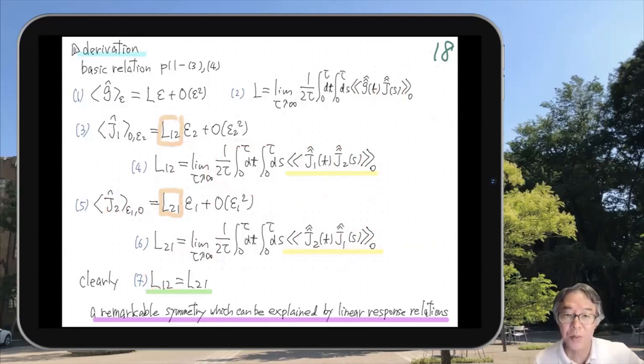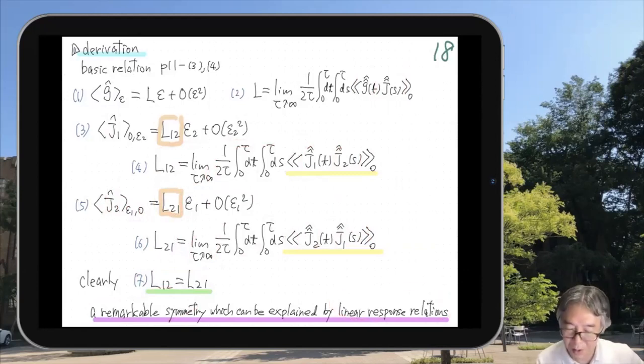So this is a proof, within our approach to Markov jump processes, of the reciprocal relation, the reciprocal symmetry. I can conclude that a remarkable symmetry can be explained in terms of linear response relations.